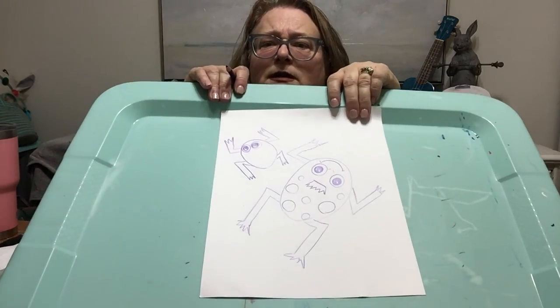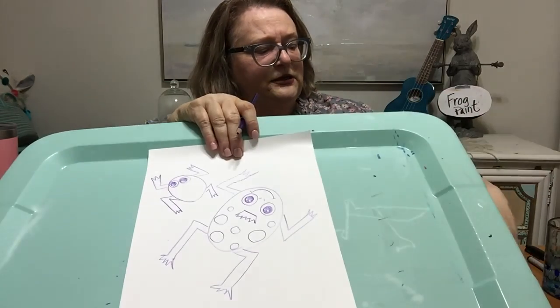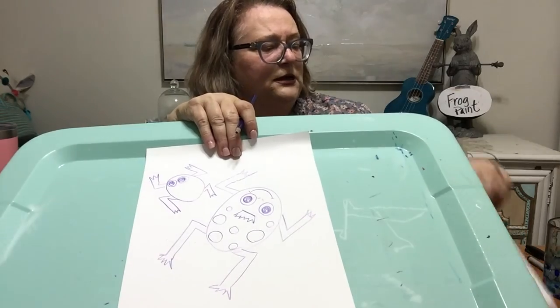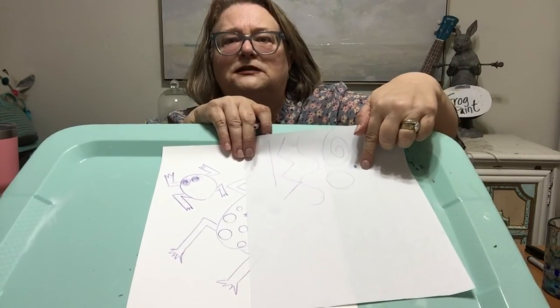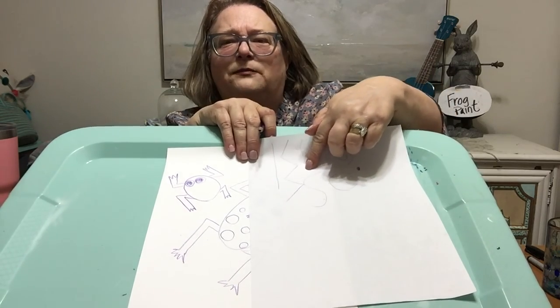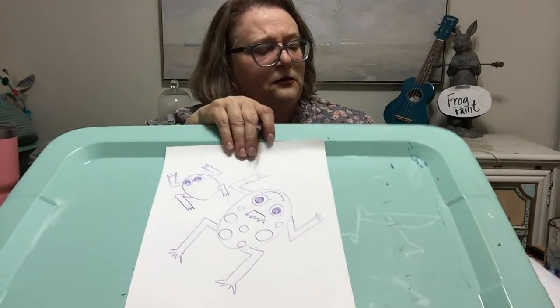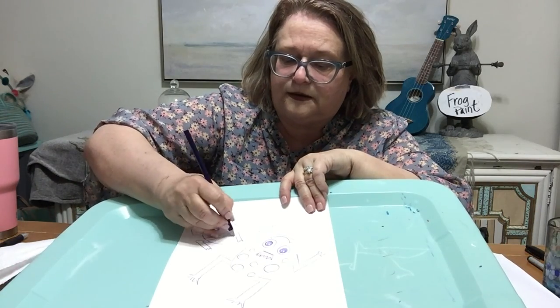Now, I don't want him to look anything like the prince, so I am going to use a different kind of line, and we said that there are different kinds of lines, so what kind of lines could I use? I've used circles, and I've used dots. I could make stripes, or I could put zigzags on him. So I think I am going to make this one stripes.